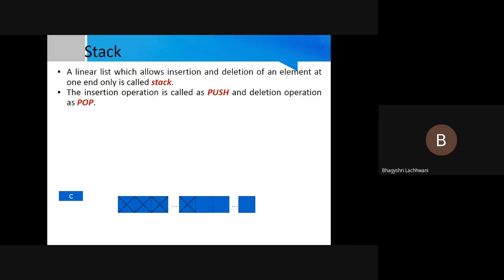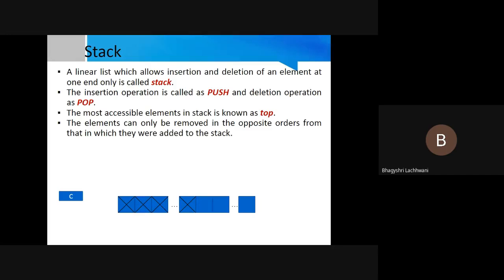So the insertion operation is called push and the deletion operation is termed as pop. Now, the most accessible element in the stack is known as the top, that we have discussed. The elements can only be removed in the opposite order. See, we have just discussed the concept. The elements can only be removed in the opposite order from that in which they were added to the stack. That means the elements were entering into the stack.